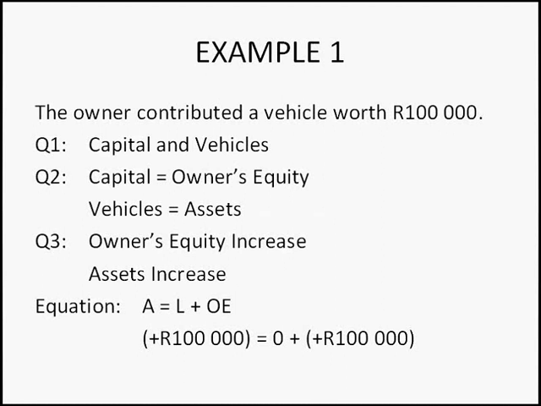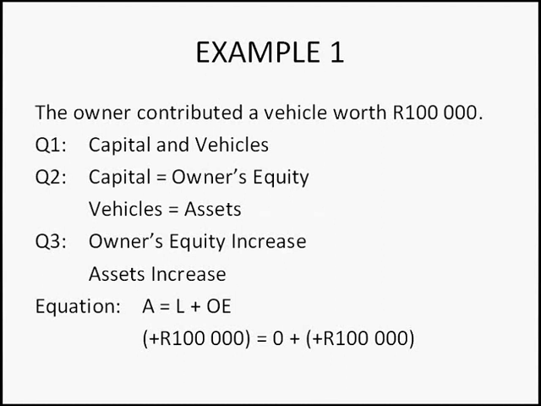If you look at the mathematical implication there, you will see that the left-hand side equals the right-hand side, because both sides increase with 100,000 rand. So mathematically it is correct, which means that our questions 1, 2 and 3 are also correct, because we have clearly classified the accounts correctly and have decided whether they increase or decrease correctly, because my accounting equation balances.